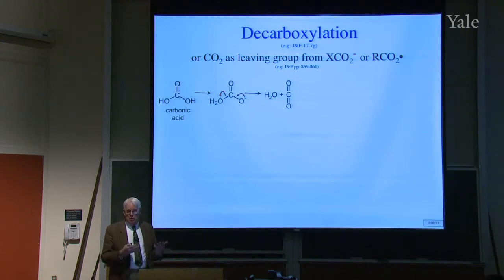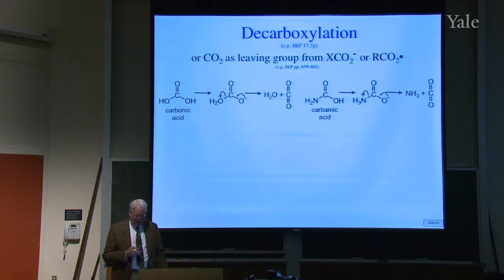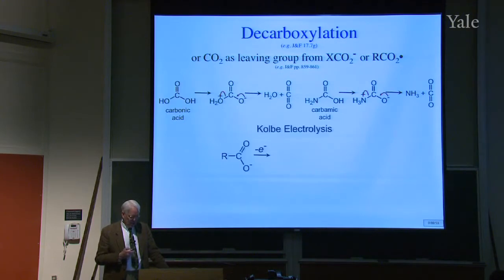So that's just the reverse of the hydration of CO2. So carbonic acid and CO2 go back and forth. Similarly, that's a case where the X can leave with an unshared pair. Or carbamic acid, where it's nitrogen that does the trick, and you can see the same kind of thing to get a decarboxylation, right?